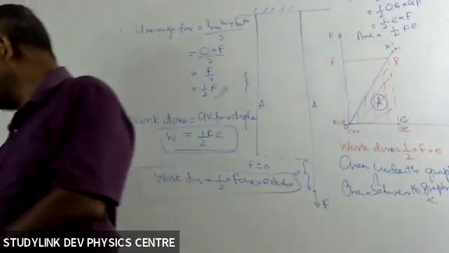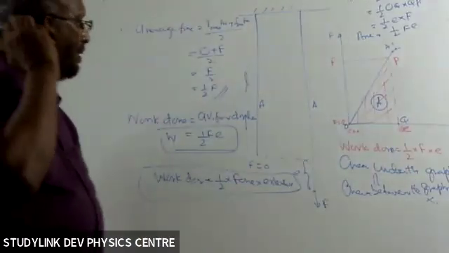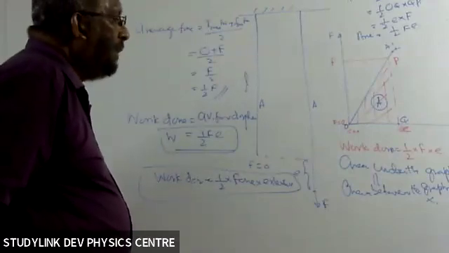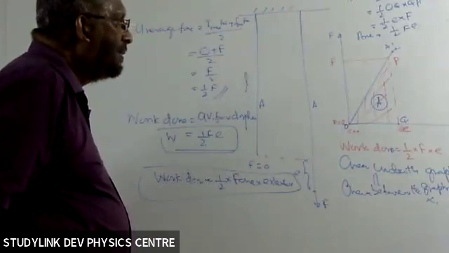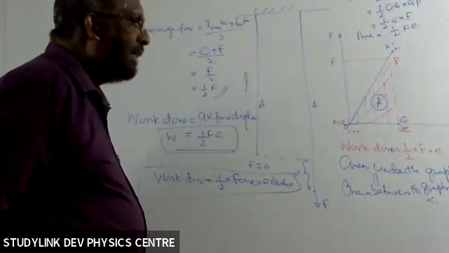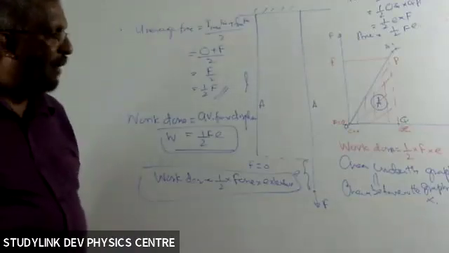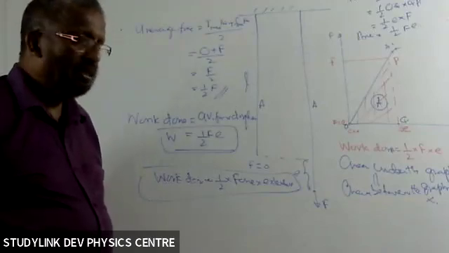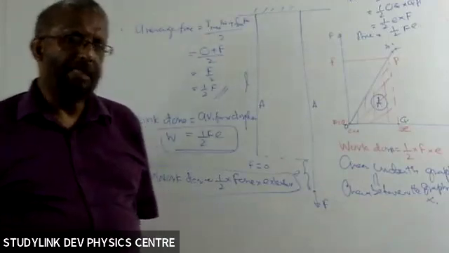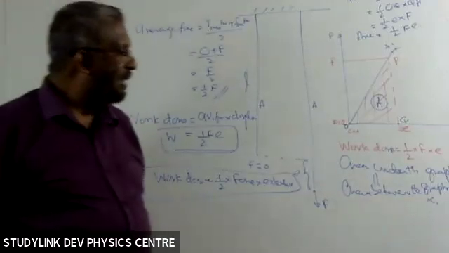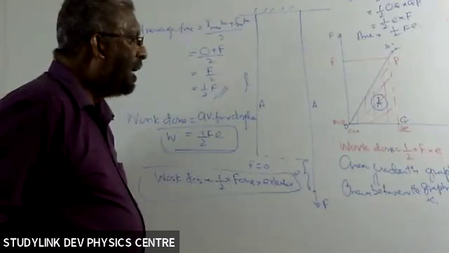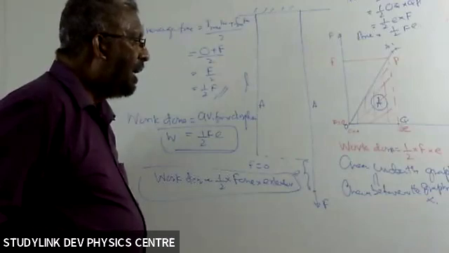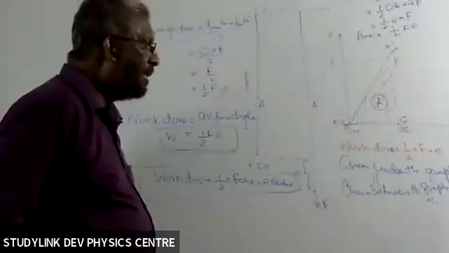Then write: when we consider the area under the graph, that means the area between the graph and the x-axis, within brackets you write extension axis, is equal to half of the product of force and extension.